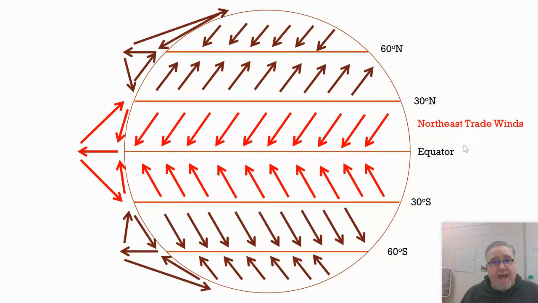All right. So there are names again that we have for these winds. All right, these are probably the most important ones that you're going to have to know. These again are the trade winds. These are called the northeast trade winds because let's say, for example, this arrow right here, okay, it generates in the north, okay, it's north of the equator, and it generates in the east, and it travels to the southwest.